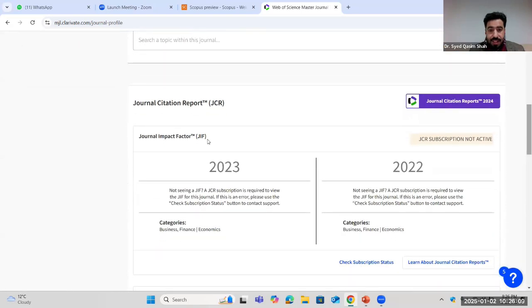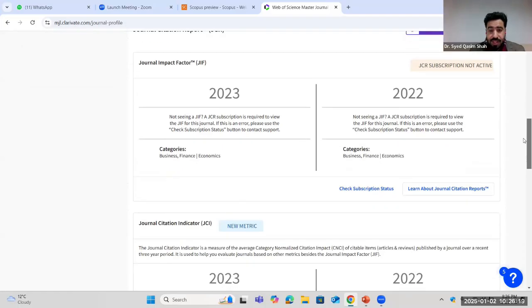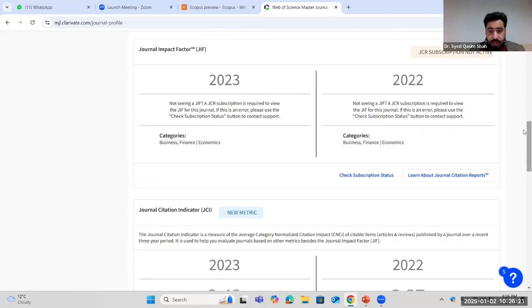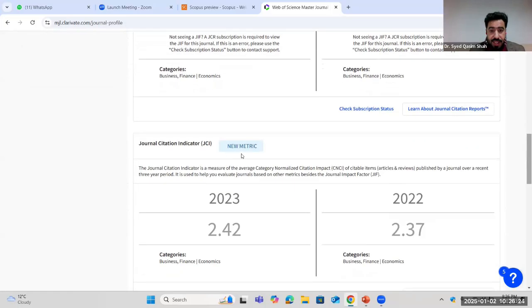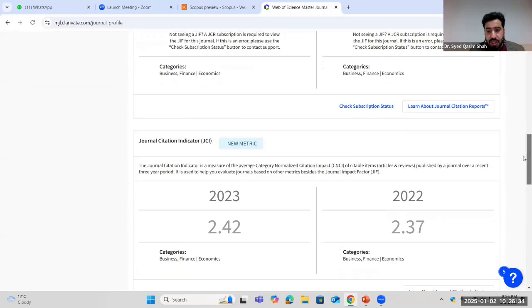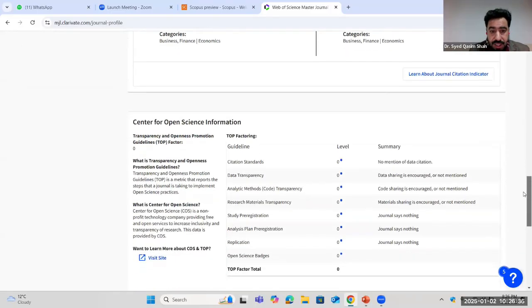And then you can see the Journal Citation Report, or JCR. We can find the JCR over there, but if a certain subscription is required, you can see the field. You can see the JCI, the new metrics. This is the 2.24, 2.37. These are the journal impact factors, normalized citation impact factor. So each and every piece of information is available over there.